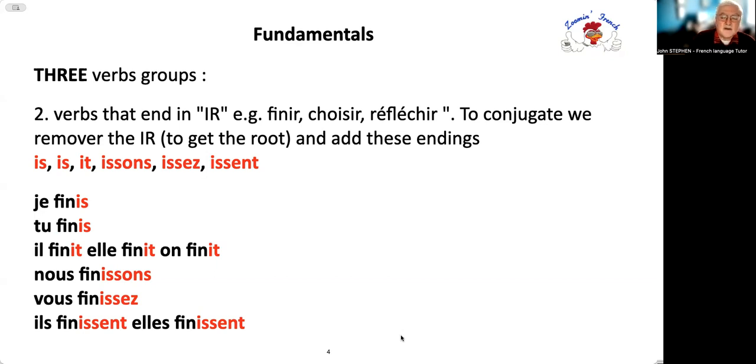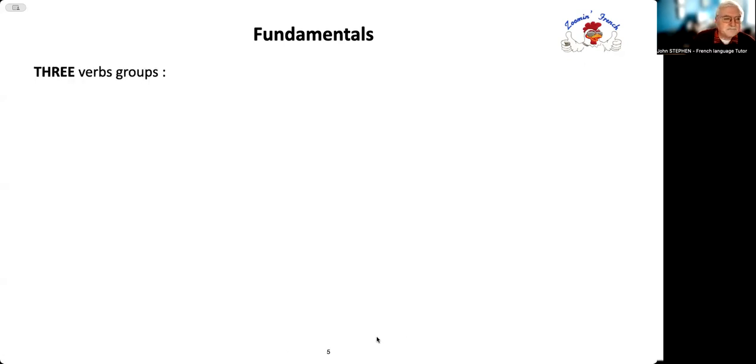Of course, there's a slight tongue twister there because you've got choisir with the single S, which is a Z sound, followed by, in the first, second, and third persons plural, the S sound. So it's choisissons, nous choisissons, for example. Okay, that's the second group.